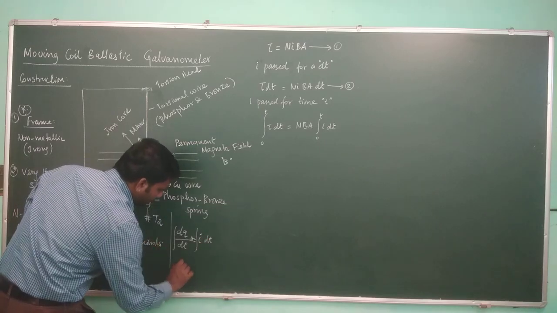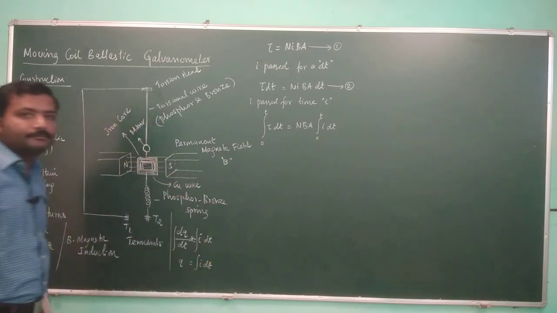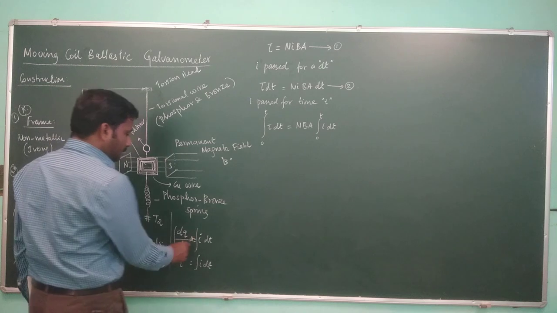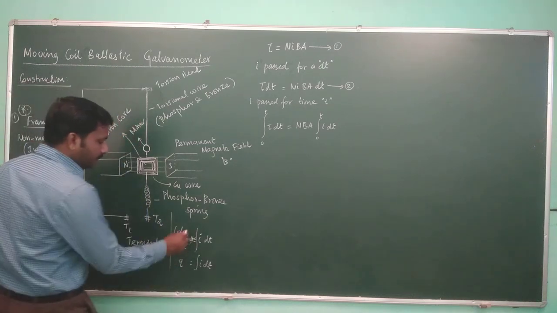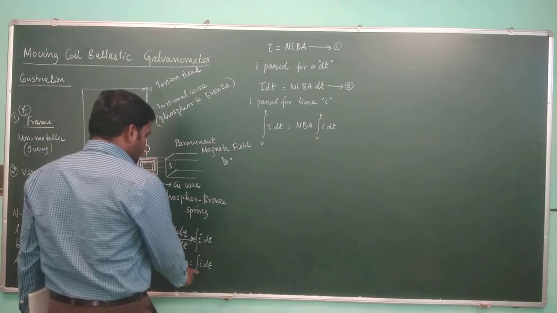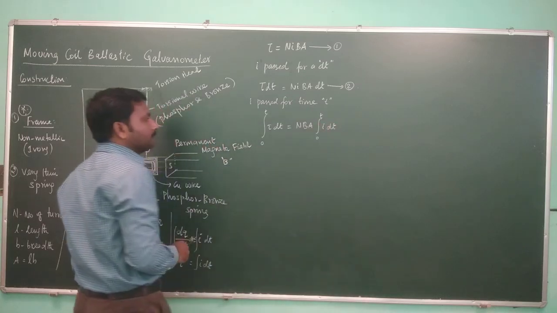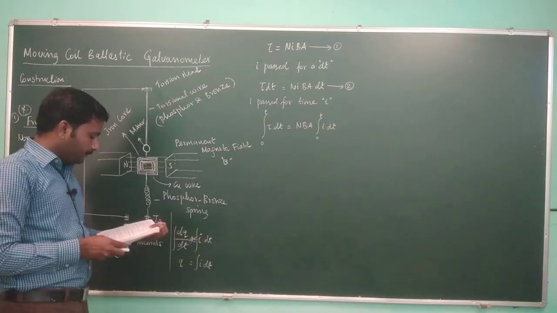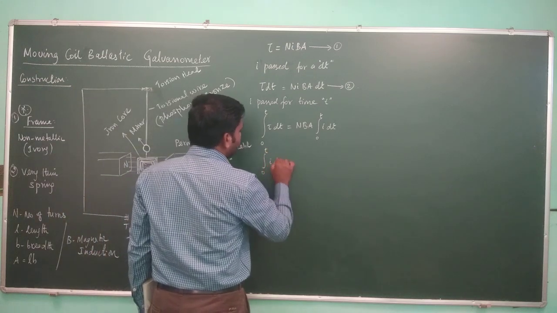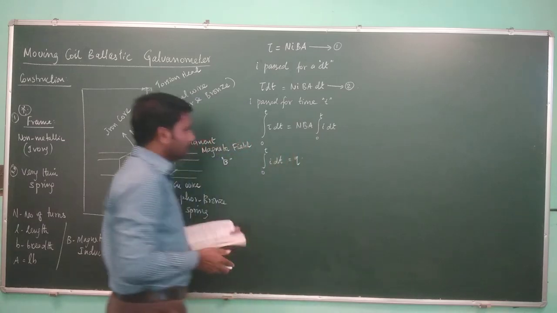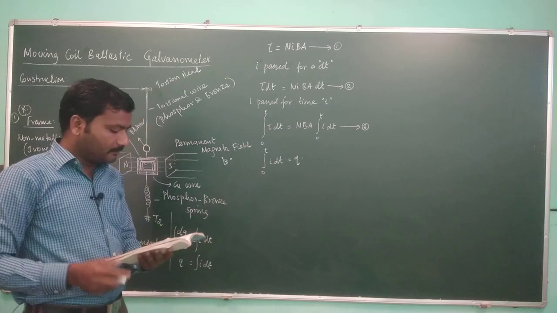This side becomes q, and this side becomes I dt. Integration and differentiation cancel out, so what remains is q. So you can replace the integral from 0 to t of I dt with q. So this is equation number 3.